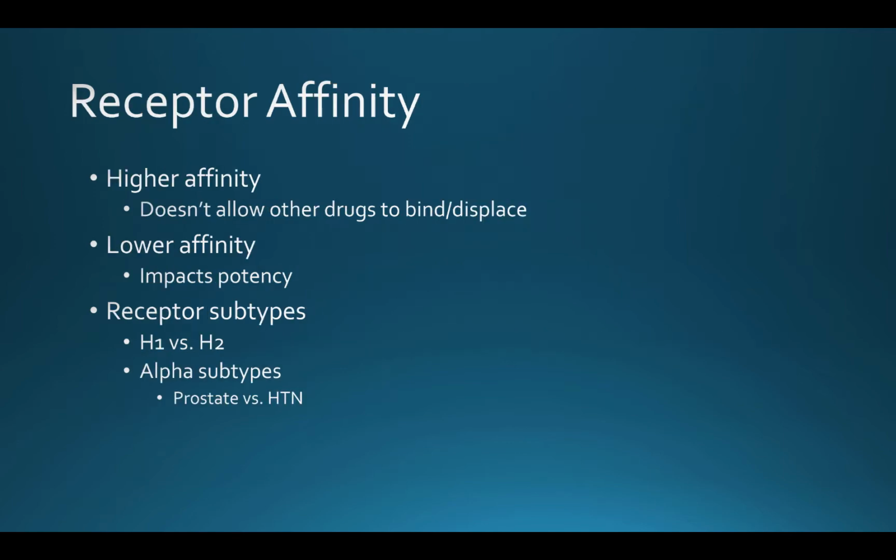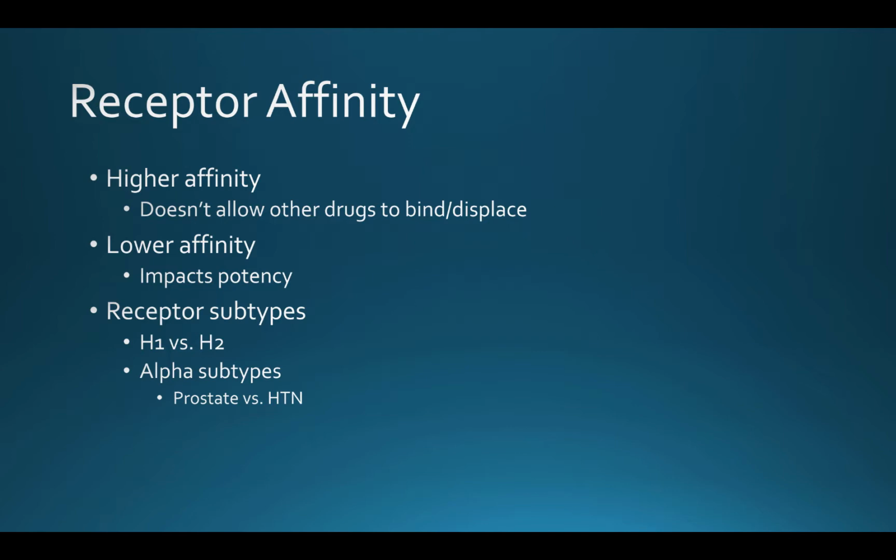Receptor affinity. When we talk about how tightly a drug binds a receptor, that's considered affinity. If it binds very tightly, that's a high affinity drug. If it binds rather poorly, this represents a more poorly binding drug. Clinically, drugs that have a very high affinity are generally associated with a higher potency drug.